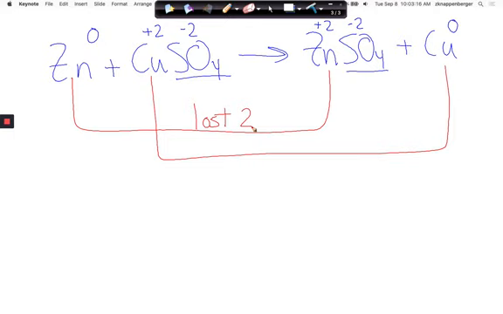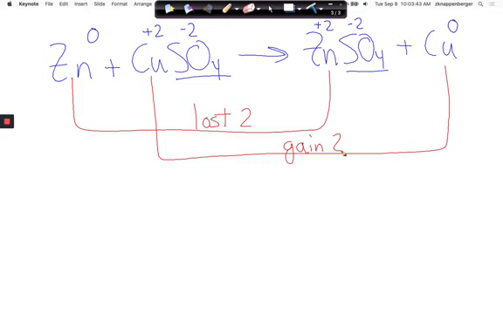Then guys, copper, and I'm going to say this wrong, but copper gained 2. Yes, and that's the point. And I know that you're sort of tentative now, but guys, copper ion gained 2 electrons, and it became copper metal. So copper ion was reduced, zinc metal was oxidized.